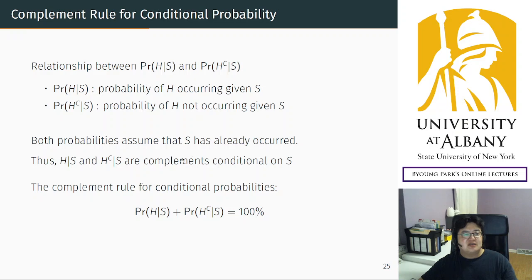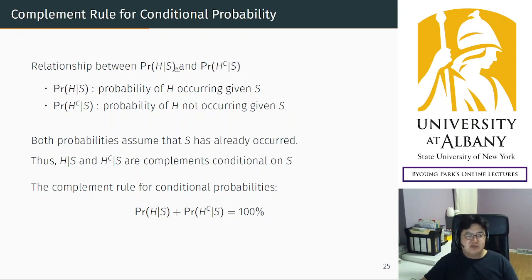So this is the complement rule for conditional probability, right? So two events, so complements exhaust the whole probability. And what you have to be careful about here is you have to have the same condition. Condition must be the same.